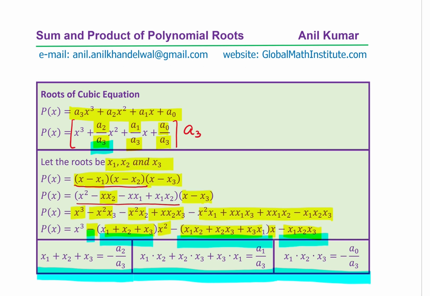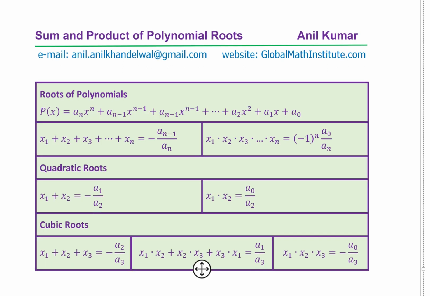Well, here is the general formula for the roots of polynomials. So in general, if I write a polynomial in the way given here, let me correct this part. Okay. In that case, the sum of roots can be written as the ratio of the leading coefficient in the denominator and the next term in the numerator, right? So minus a_(n-1) over a_n, that is the sum.